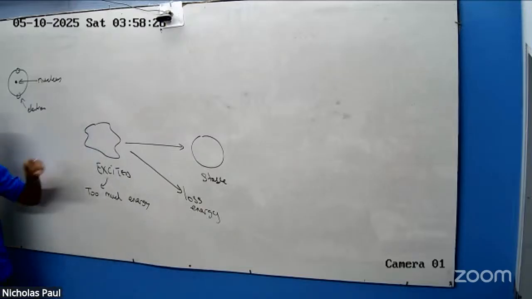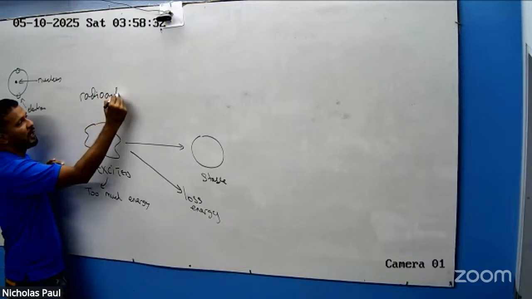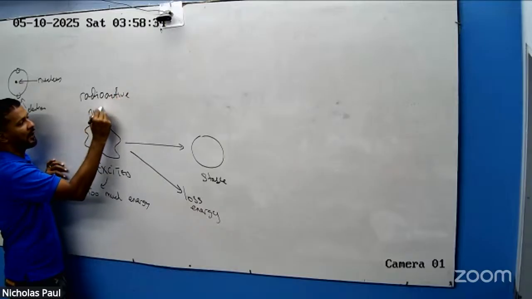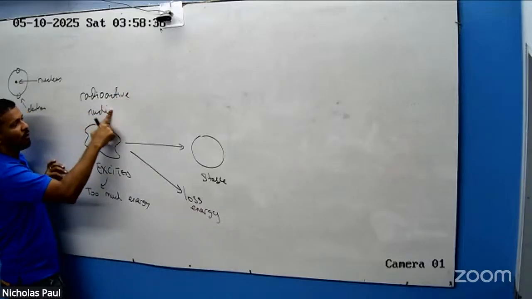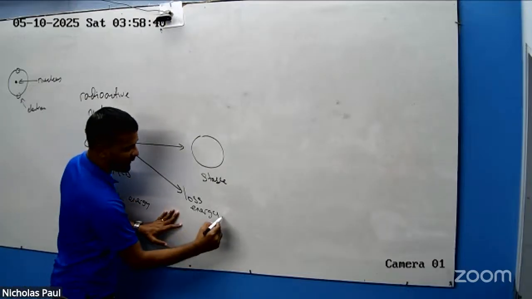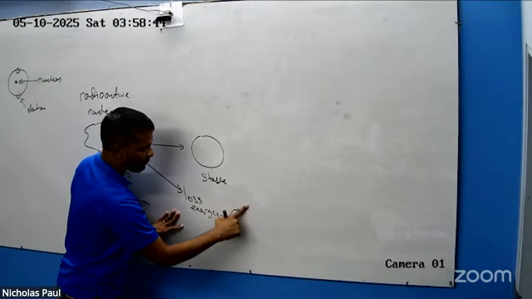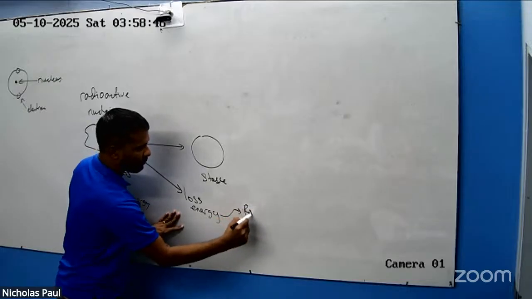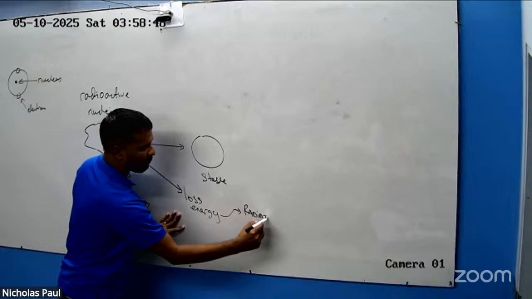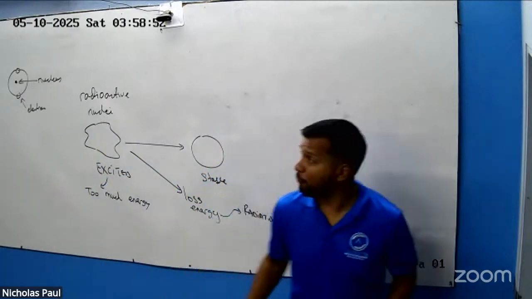And the type of particle that we're looking at are radioactive nuclei. So when it loses energy, it's going to lose the energy in the form of radiation.